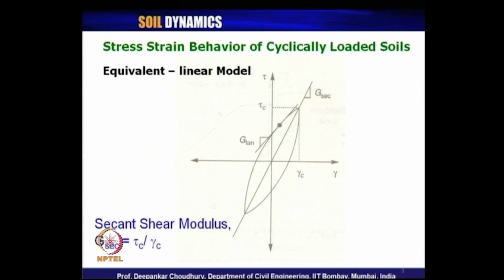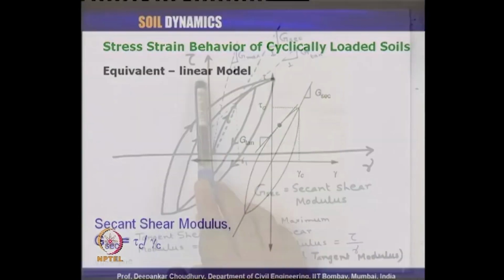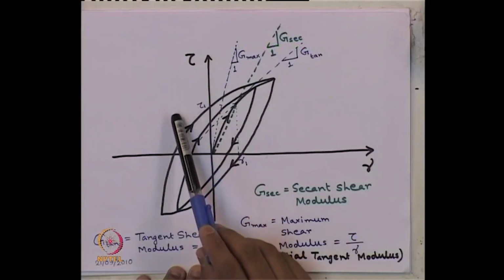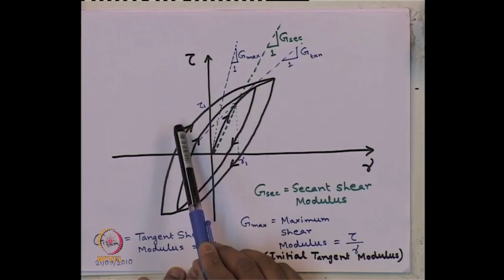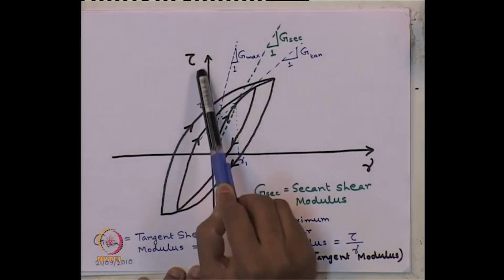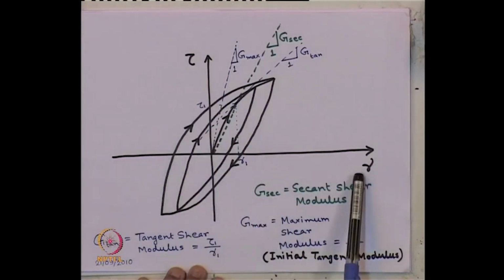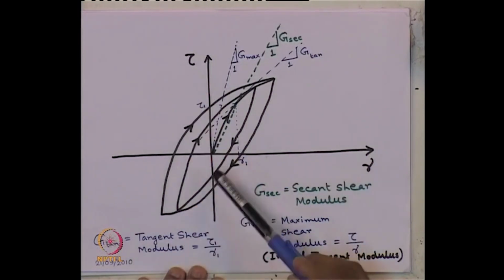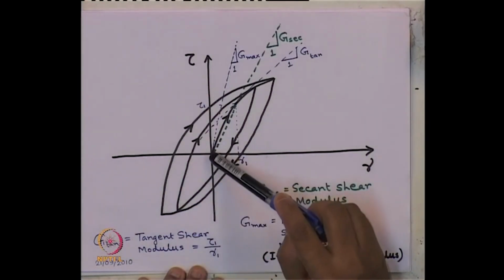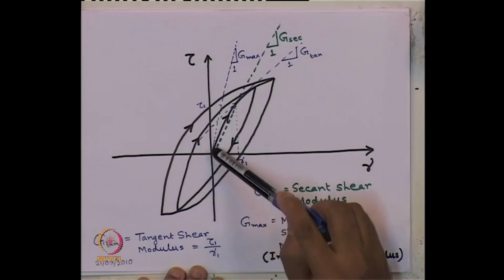First, let us look at this page. From any cyclic test in the laboratory, we can get the data for cyclic shear stress versus shear strain. The plot of shear stress versus shear strain will start from the origin 0, 0.